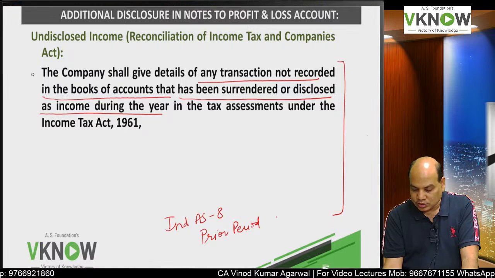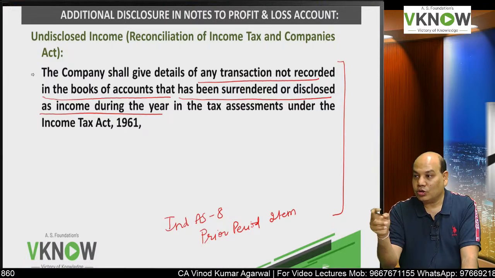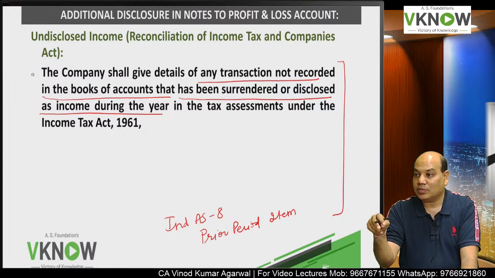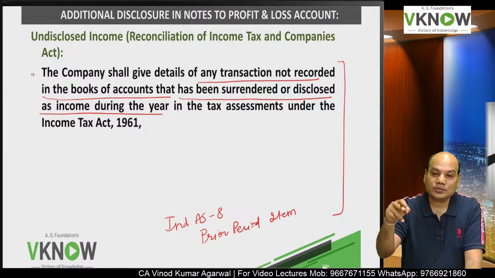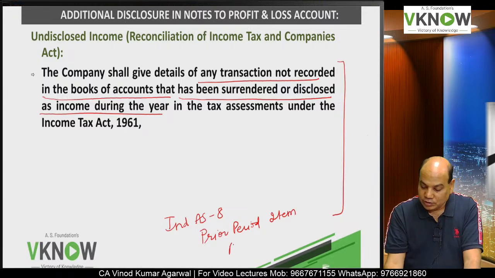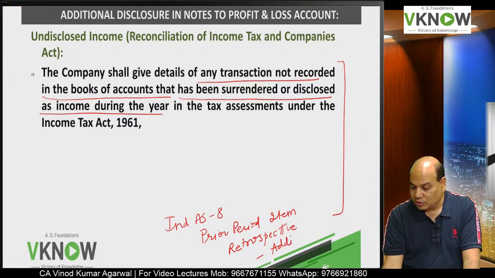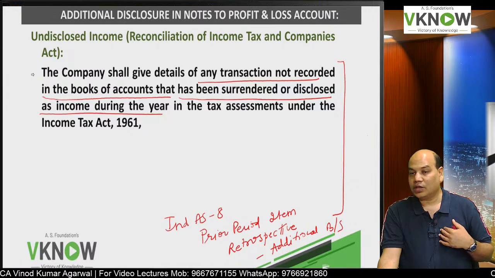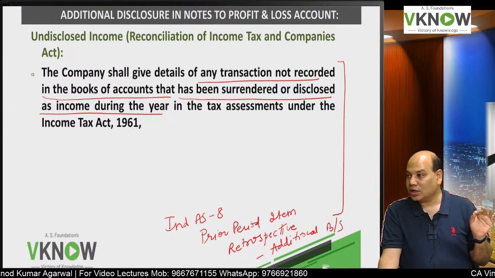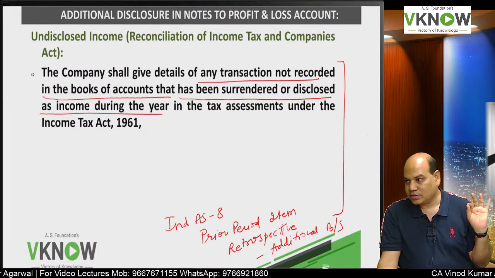After some days we will discuss, because if you have not disclosed any income and now you are disclosing it, it means it is not this year's mistake, it is a mistake of the previous year or years, and therefore it will require retrospective application, and one additional balance sheet will have to be prepared. Because if you are saying yourself that you have not disclosed income, it means it is an error or omission. Error or omission will have a retrospective adjustment.